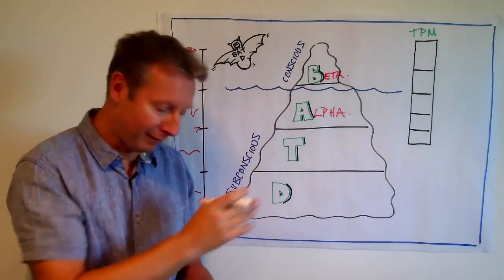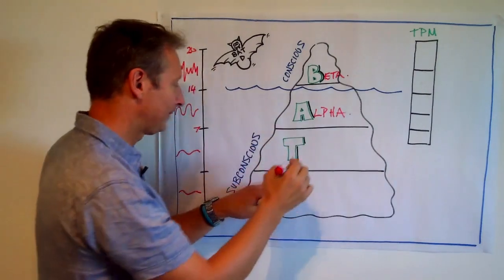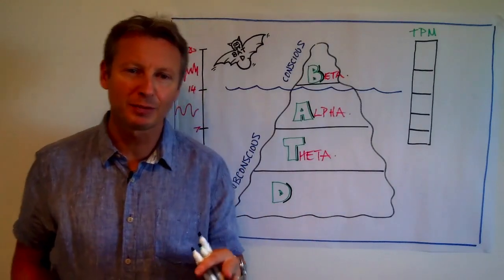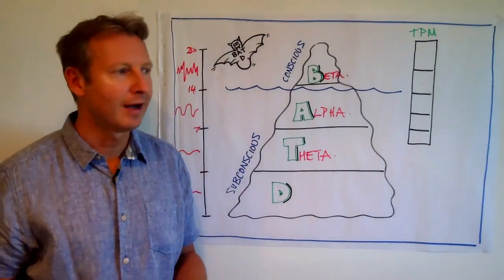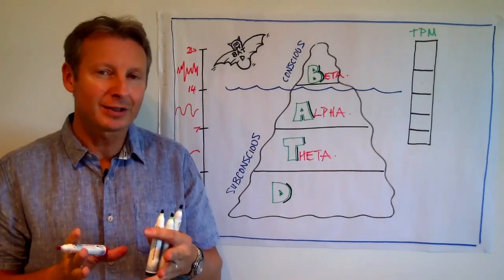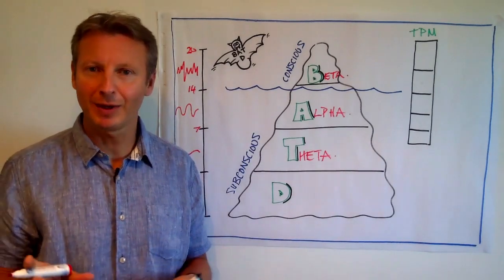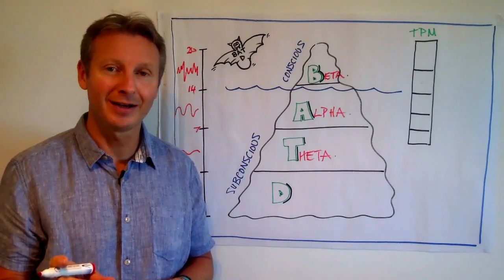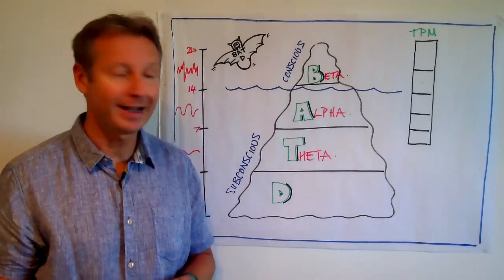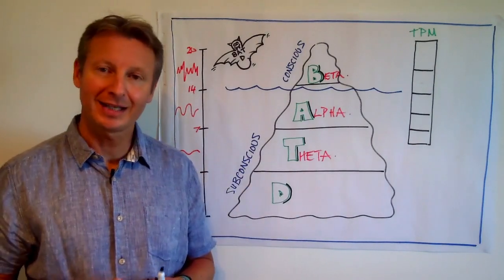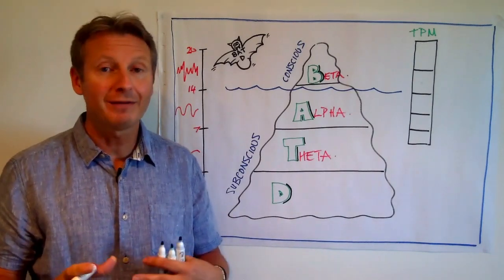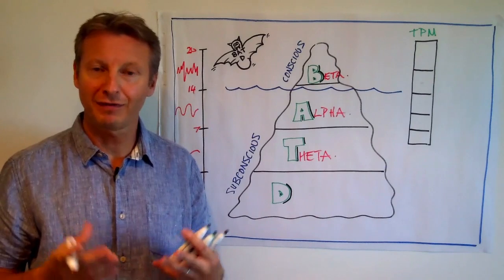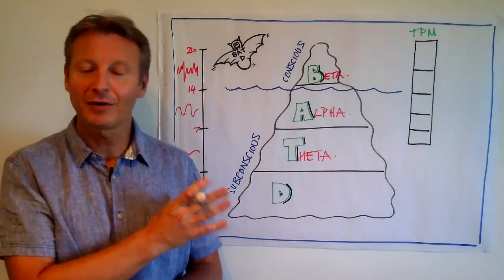Now, what's just below alpha is theta. And theta is much more to do with meditation, certainly the deeper meditation. When meditators are meditating, they're often getting down to this theta level of brain frequency. When you have an intuitive flash, typically it's coming from here.